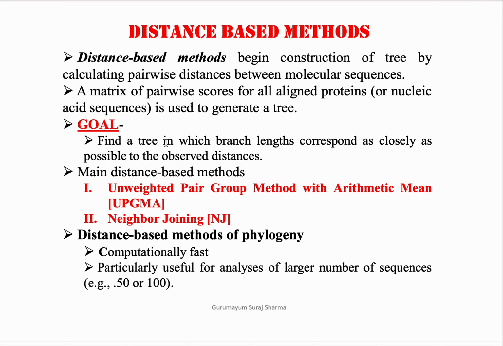Okay, so in general, these distance-based methods are not the best ones. You can do better. But these distance-based methods are very fast to do, computationally fast, because we're leaving out a lot of data.